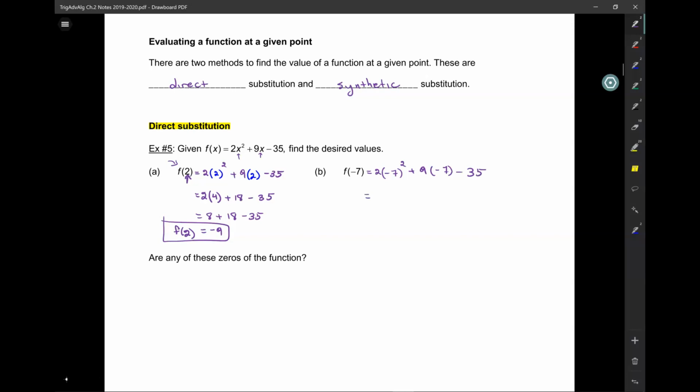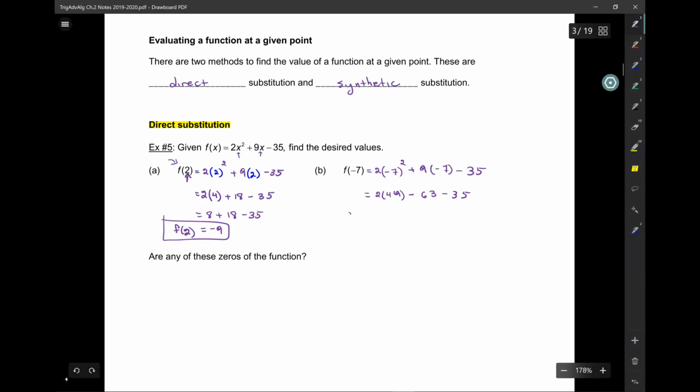So in this case, this is 2 times 49 plus 9 times -7, so it's -63 minus 35. So again, if you want to use your calculator on this one, you're more than welcome to do that.